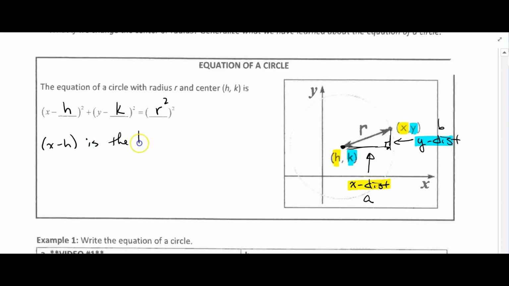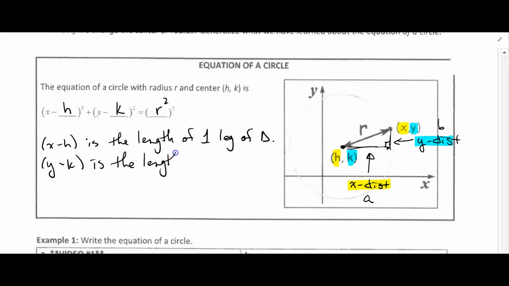Keep in mind that x minus h is the length of one leg of the triangle, and y minus k is the length of the other leg.